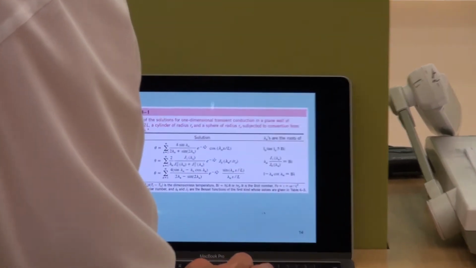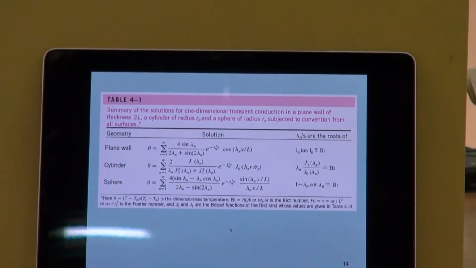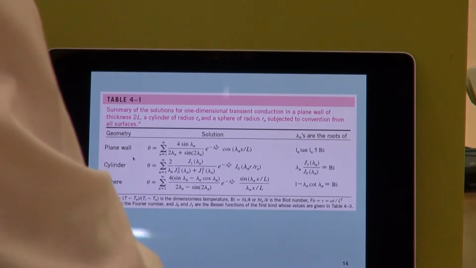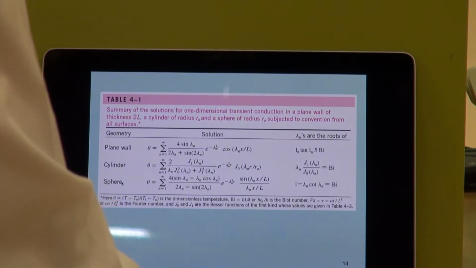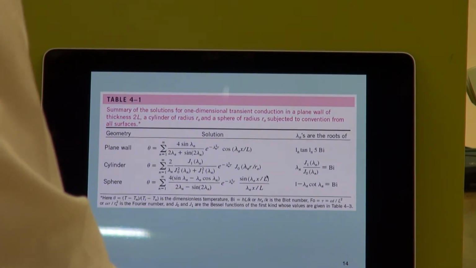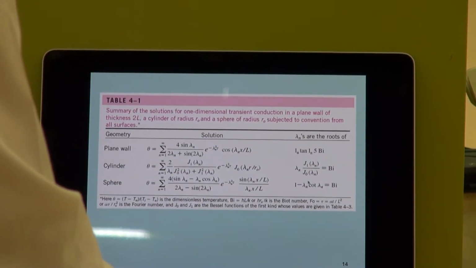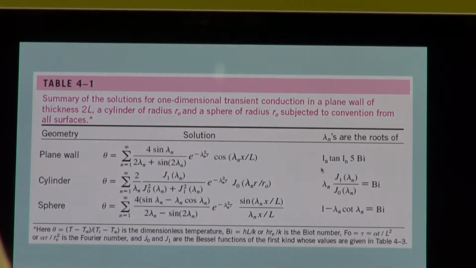The important thing is that the solutions are given in table 4.1. Now take a good look. There are the geometries: plane wall, the cylinder and the sphere. There's the solution as a function of theta, and there are the roots. And there's an error there in the textbook, or on my PowerPoint.